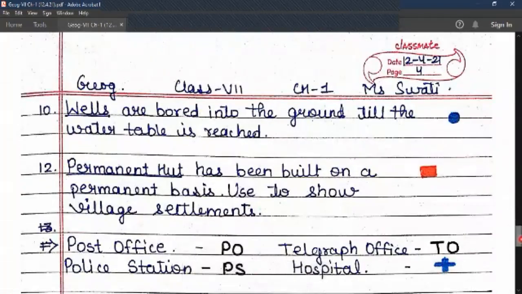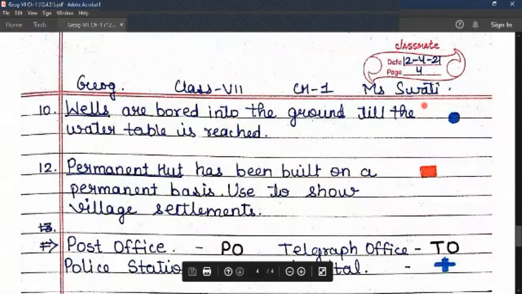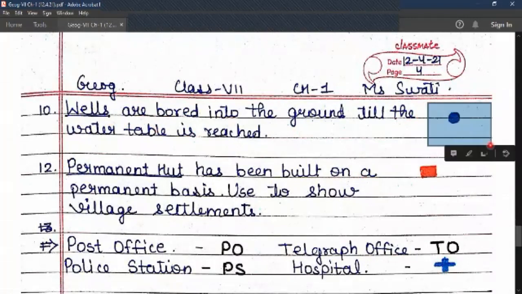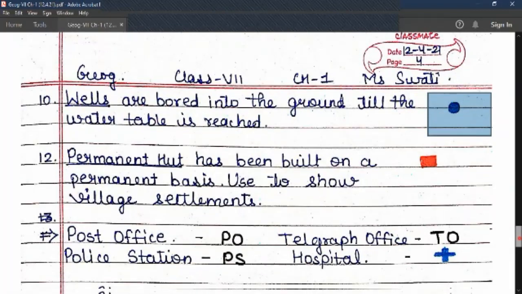Next is wells. Wells are bored into the ground till the water table is reached. Wells are denoted by blue colored dots on the topo sheets or the maps.